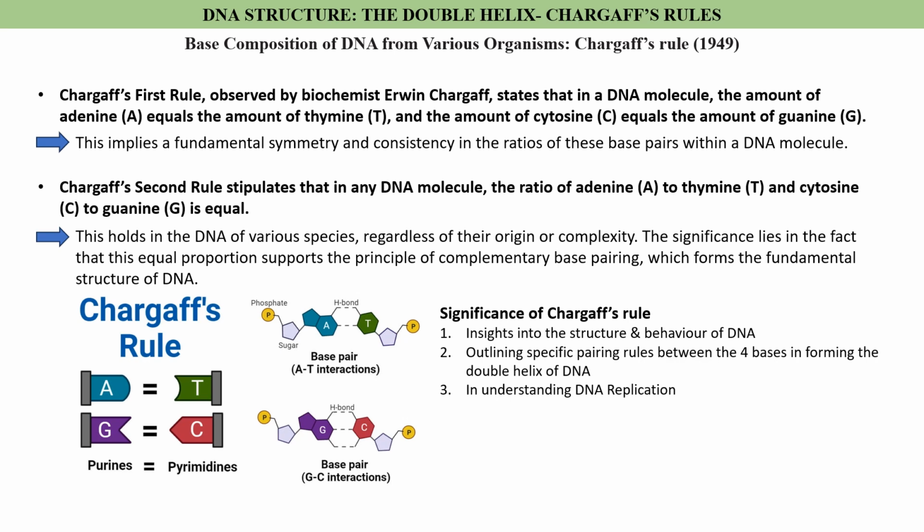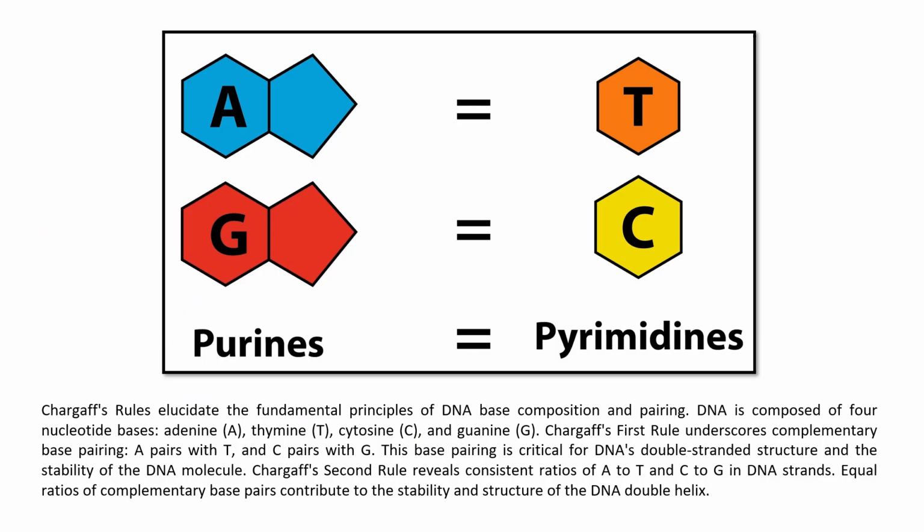And what is the significance of Chargaff's rule? Chargaff's rule provides insight into the structure and behavior of DNA, it provides specific base pairing rules forming the double helix, and it also helps in understanding DNA replication. And it is this base pairing which provides it a symmetrical structure as well as stability.